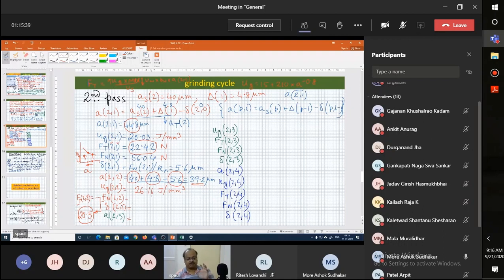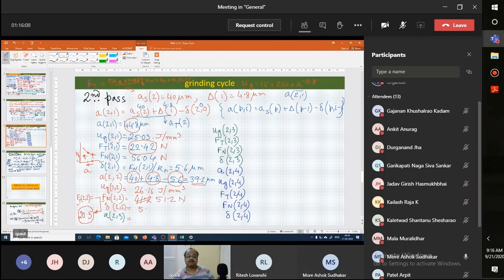But the much more scientific answer, which is not dependent on any mathematics, is that FT is decreasing because you are removing less material. So Fn would be 2.5 times of that, which would be 51.2 Newton.